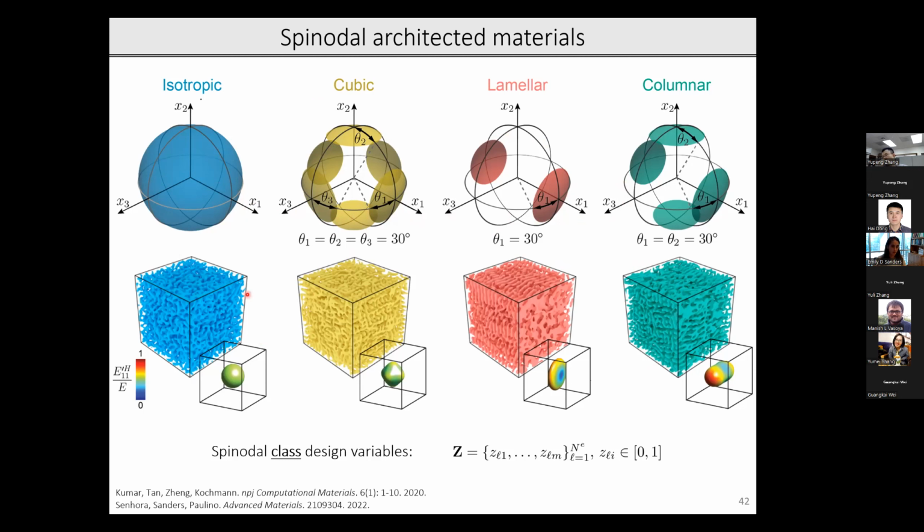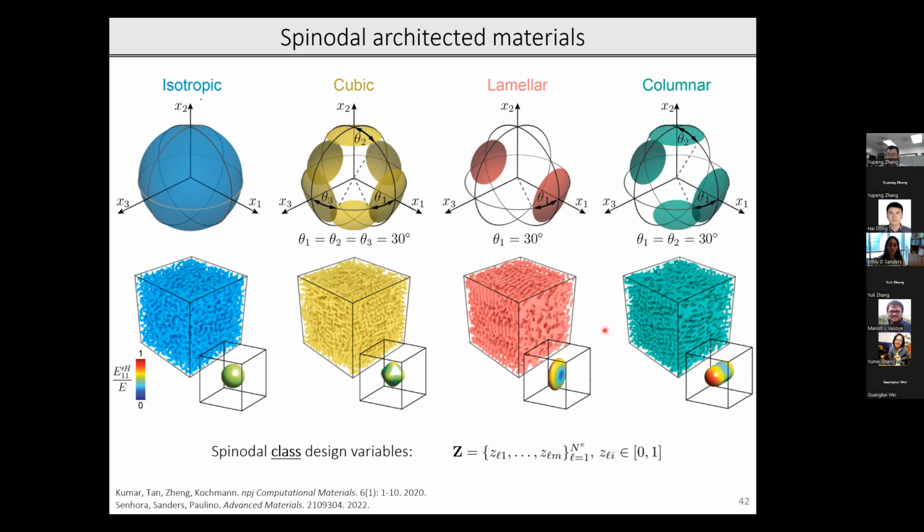So we have our isotropic spinodal architecture that has the same stiffness in all directions. We have a cubic architecture that has higher stiffness along the coordinate axes. We have a lamellar architecture that has higher stiffness in a single plane, and then a columnar architecture that has higher stiffness along one axis, okay?